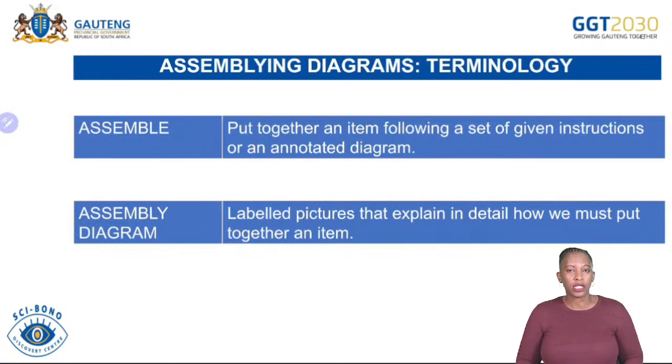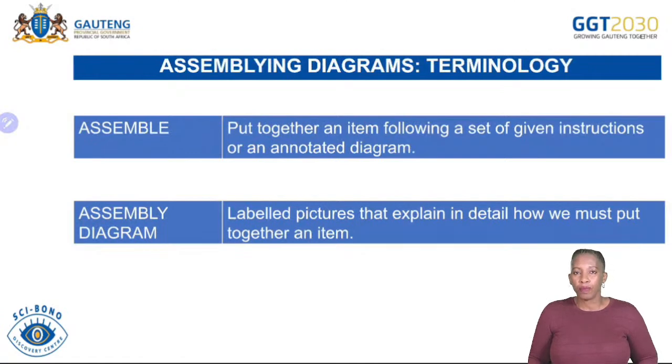If you are going to mount it on the wall, you are able to mount it on the wall, or if we're going to put it on the TV stand, you are able to put it there. But after doing what? After we have assembled it, after we have put it together, because now you'll find that the legs of the TV are on the side, and then the screen, your flat screen, on the other side. So you have to put the parts together.